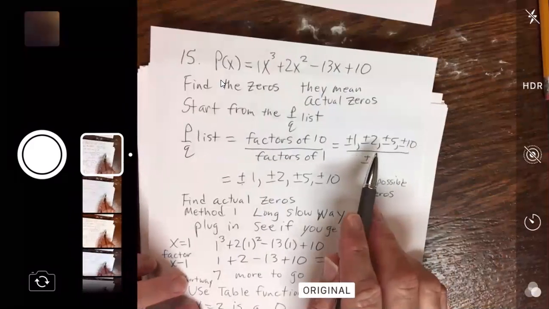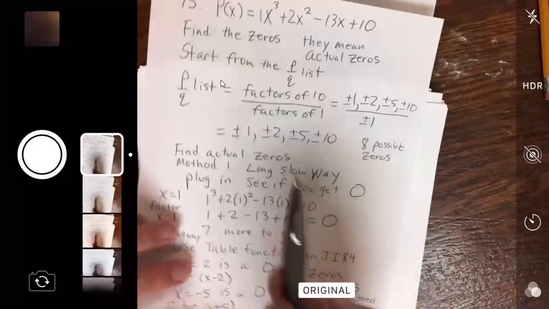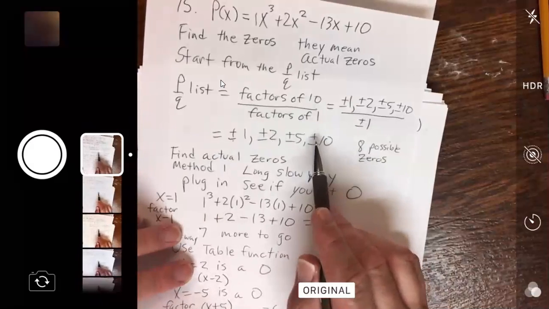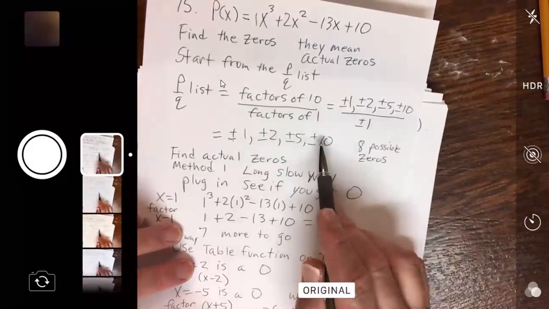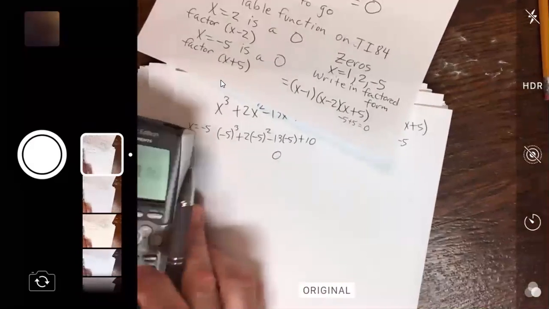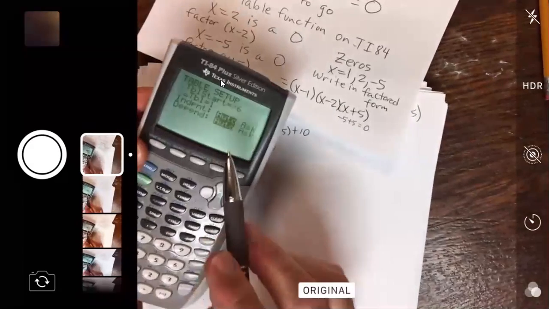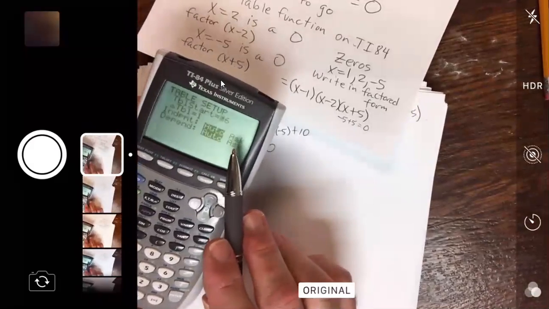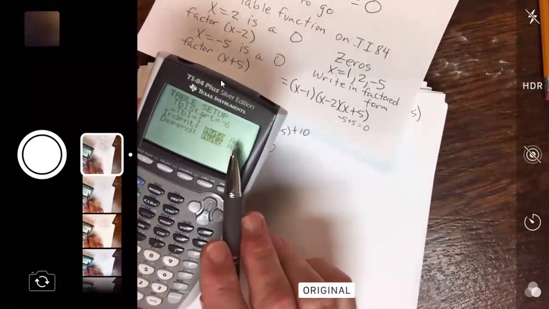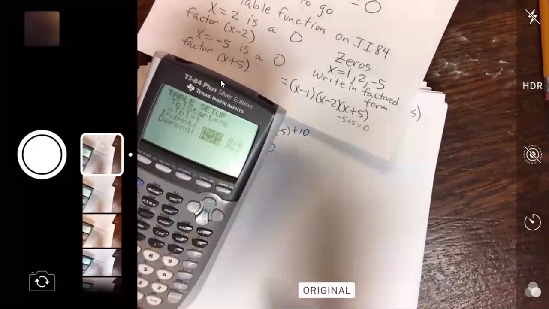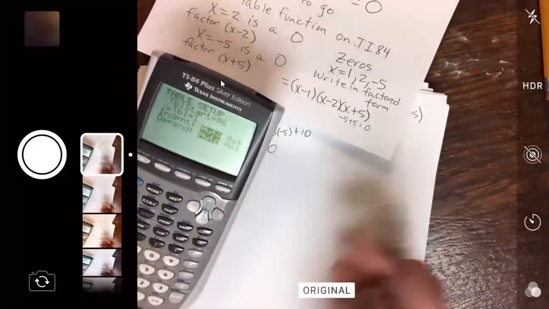I don't know if you've got the patience, we're at 55 minutes, but it doesn't always come out whole numbers. You sometimes get fractions, and that's when you want to go, if you look at this table set, to this ASK mode. If you've got fractions you have to check out, you can stick the calculator in this ASK mode and give it a fraction, and it'll plug it into your polynomial and tell if it's a 0 or not.